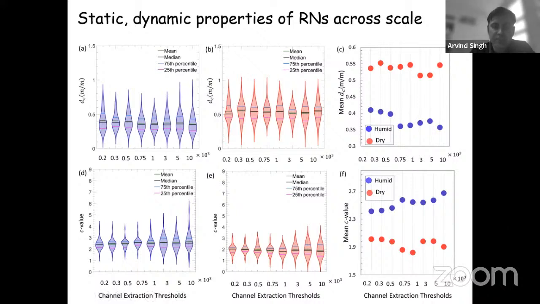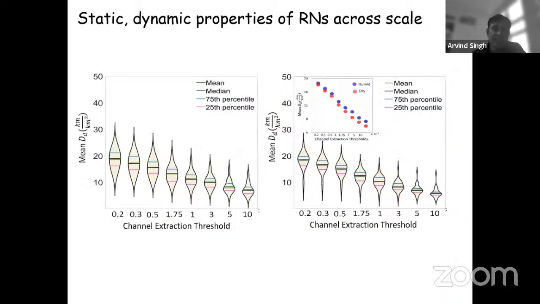However, if we look at the drainage density, there is a dependence on channel extraction threshold, and that's expected because drainage density is defined as the total channel length over the drainage area. If we change the channel extraction threshold, we change the channel length, although we do not change the drainage area, so the drainage density does change, and we see the dependence of drainage density on the scale.